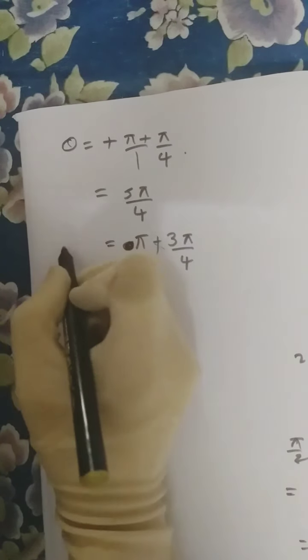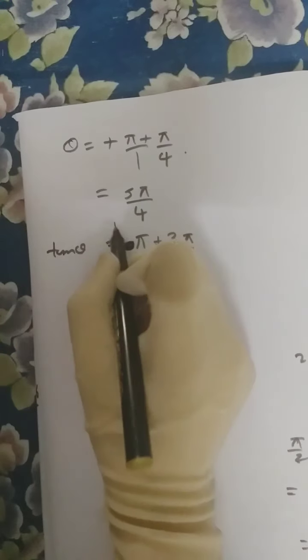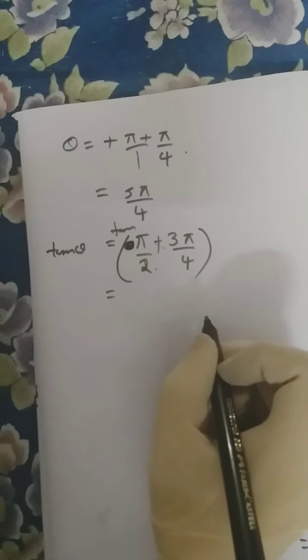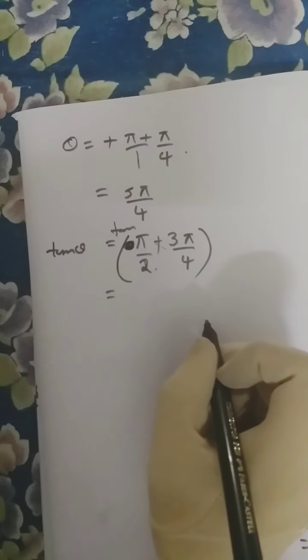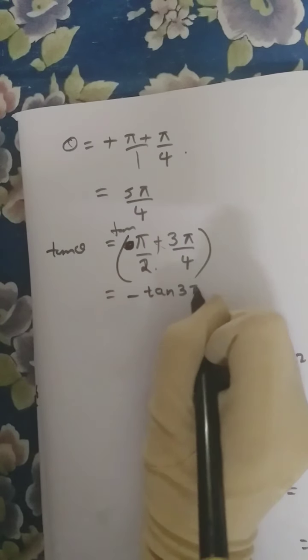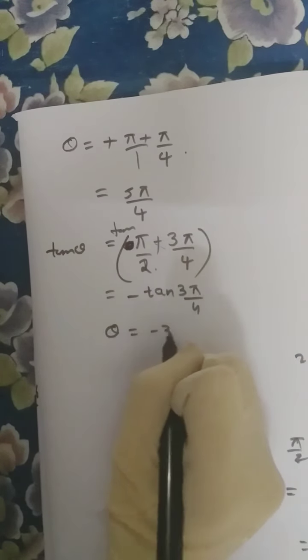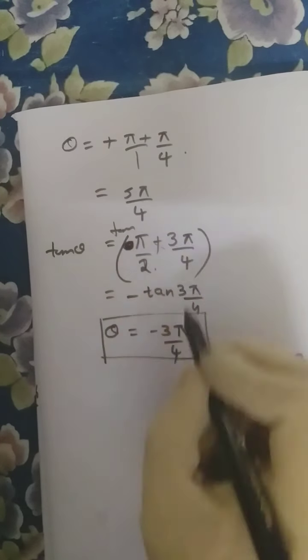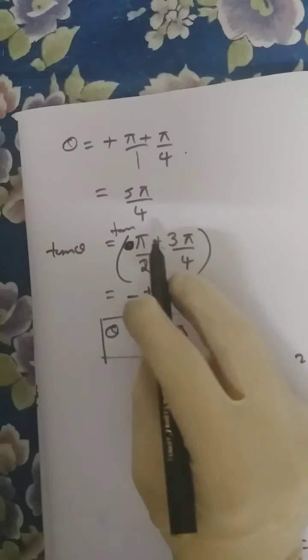That is, tan theta can be written as tan of 90 plus theta, right? 90 plus theta is in the second quadrant, where tan is negative, so I have minus tan of 3 pi by 4. So here I can say theta is minus 3 pi by 4.